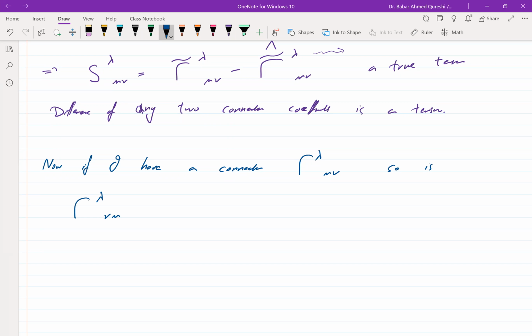So if I exchange the lower indices, exchange the coefficients, for example, if I have 1, 2, 3, I say in the new connection, gamma 132 is the same as gamma 123 in my old connection. This will also be a connection because it transforms properly.